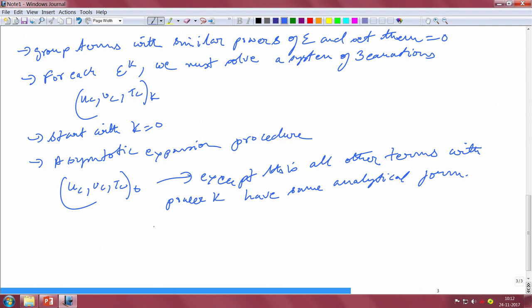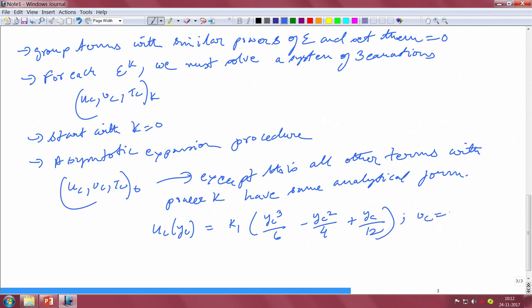So u_c is a function of y_c, with constant K1, and p_c is obviously 0; this is the core part that we are looking at.